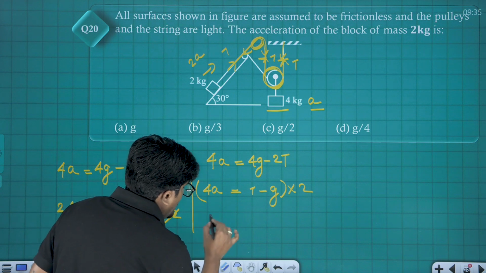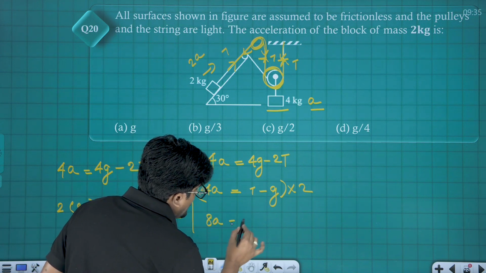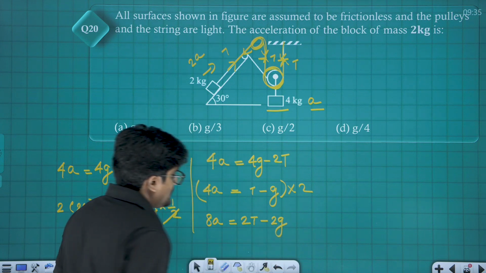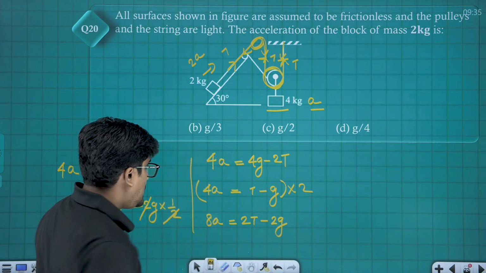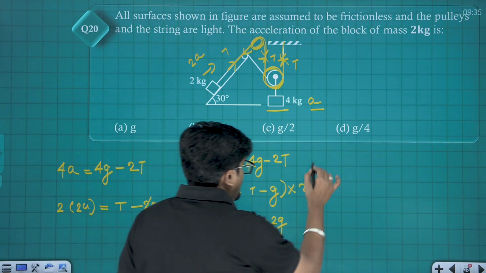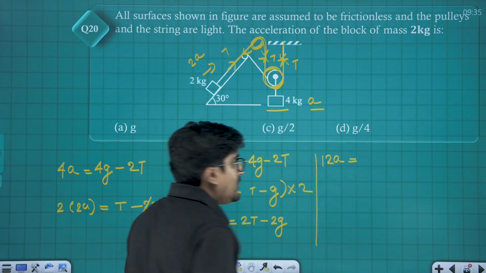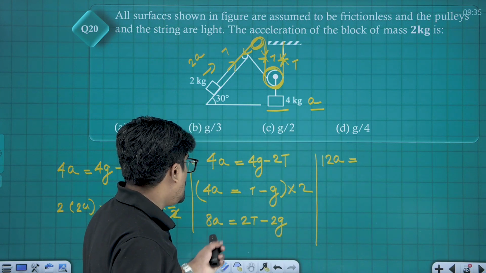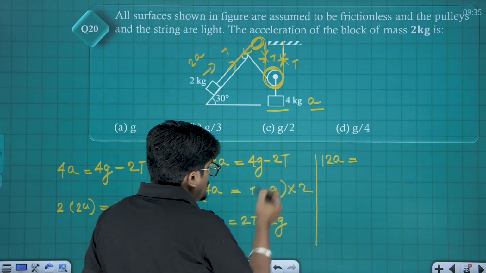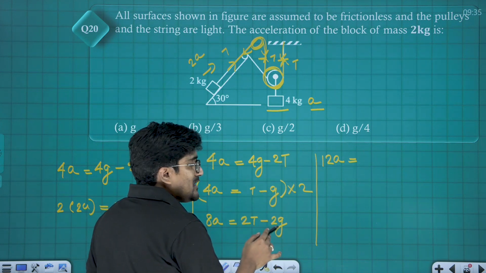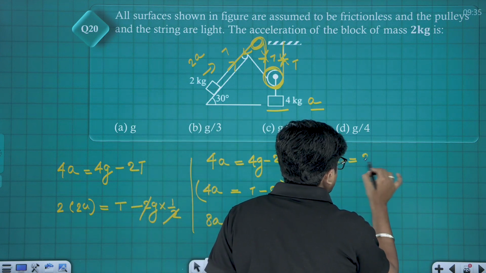So here this is going to be 8 times a, that's equal to 2 times T minus 2 times g. If I add this, here this is going to be 12 times a. So 12 times a is equal to, here minus 2T and plus 2T will cancel each other. Now 4g minus 2g, that's going to be 2 times g.